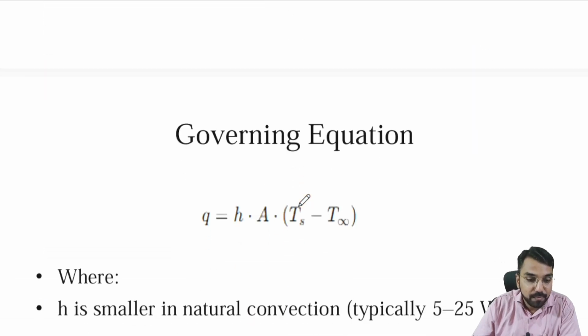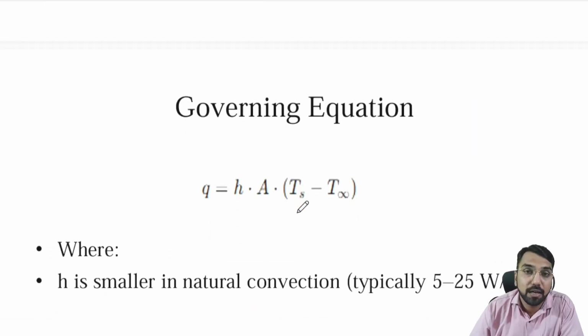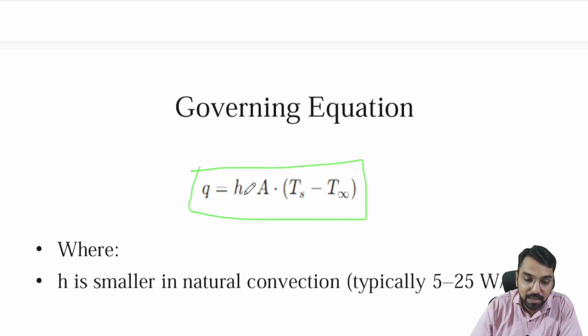Okay, so the governing equation, as we saw in the last lecture, for convection is Newton's law of cooling, which is Q is equal to h A_s, actually here A_s should be denoted, A_s means surface area.